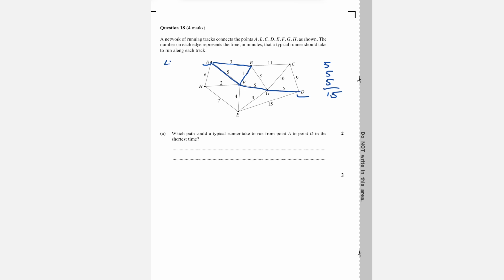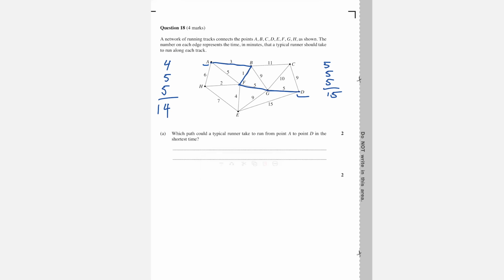So 3 plus 1 is 4. And then go 5, 5 again. And so then that's going to give us 14 instead of 15. So therefore, that would be the shortest path rather than the first path, which looked like the most direct route, but actually took a minute longer.